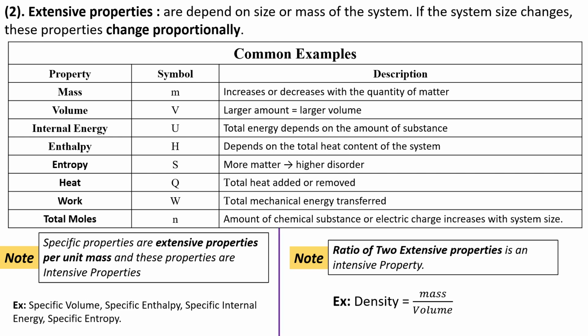And one more thing you have to remember: the ratio of two extensive properties is an intensive property. For example, density is defined as mass divided by volume. Here mass is an extensive property and volume is also an extensive property. But density is the ratio of these two extensive properties, so density is an intensive property.